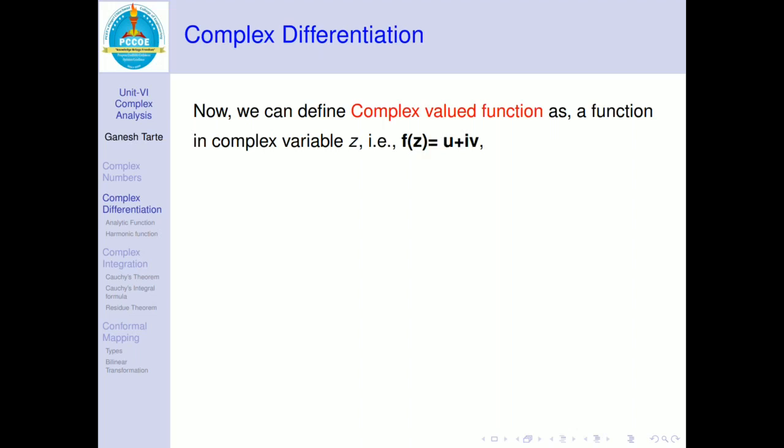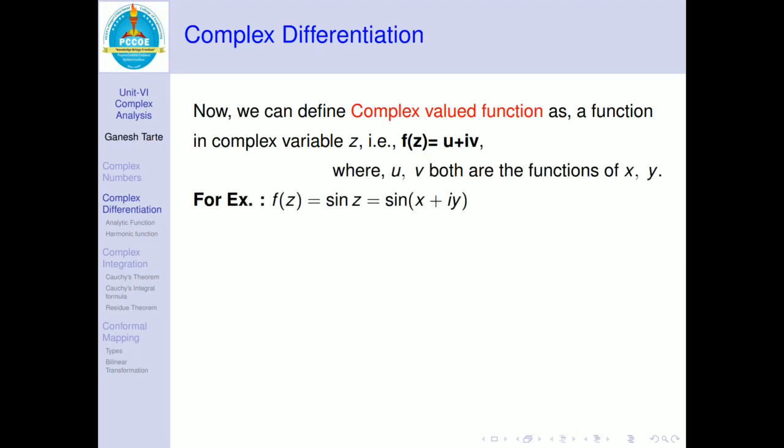So afterwards we denote z equals x plus iy as a complex number, and f of z equals u plus iv as a complex valued function. For example, if f of z is sin z, so sin z means sin of x plus iy, so we can convert this function into the form u plus iv.